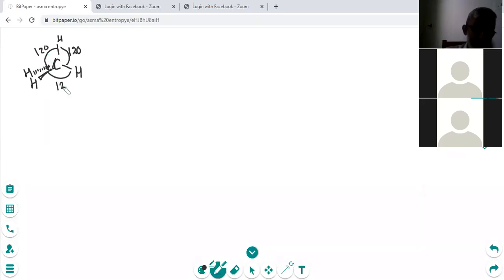And this angle is supposed to be 0. Why? Because one of the hydrogens is being eclipsed by the other one. Eclipsed means one behind the other. You cannot see this bond, and this one is projecting towards you.